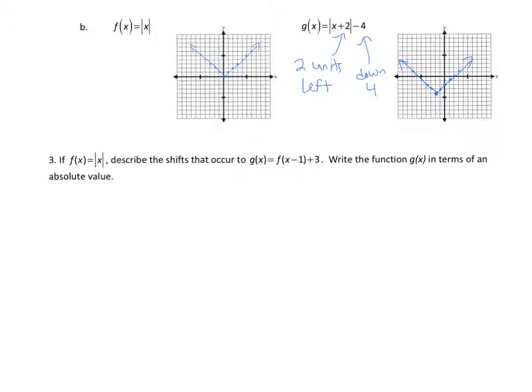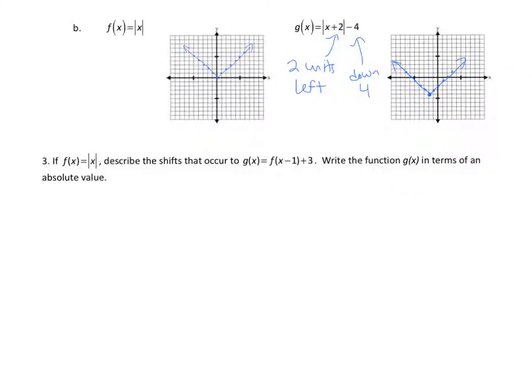It's important to be able to look at a function and describe the shift for any function, and this is actually written as a generic function. It could apply to any function. Whenever you have a number added or subtracted on the inside, that is your horizontal shift, and on the outside, that's your vertical shift.